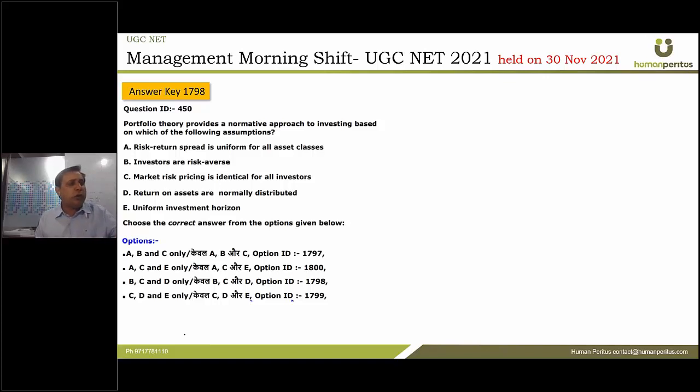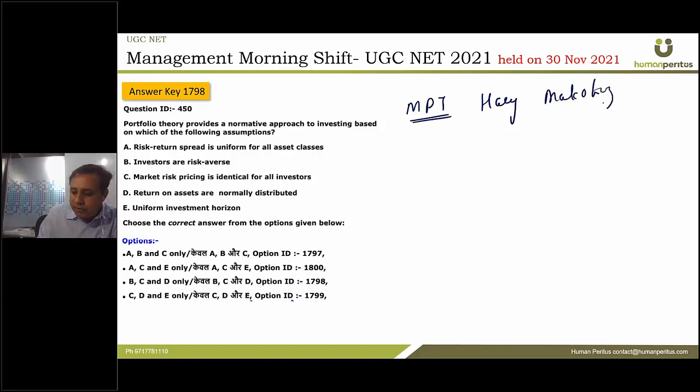So guys, what is portfolio theory? It is nothing but modern portfolio theory, MPT, and it was given by a gentleman named Harry Markowitz, and he also got a Nobel Prize for this theory. So there are a couple of assumptions of this theory: that investors are risk averse. They want to maximize return with the minimum risk.